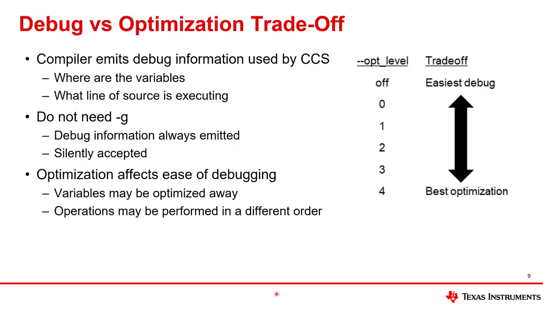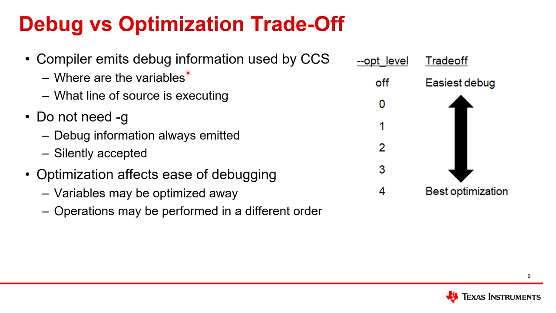There's a trade-off to consider between debug and optimization. What am I talking about? Okay, the compiler emits debug information that is used by Code Composer Studio. That's how Code Composer Studio can know things like, where are the variables in memory and what line of source is executing right now, that sort of thing.